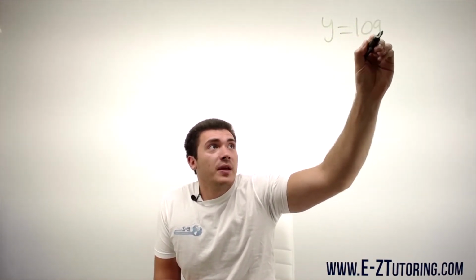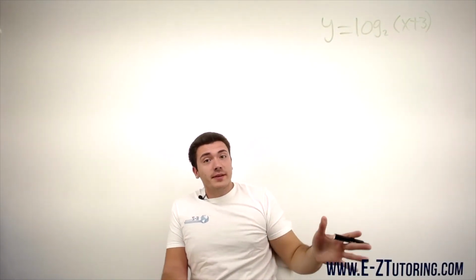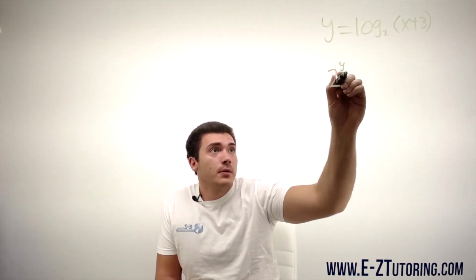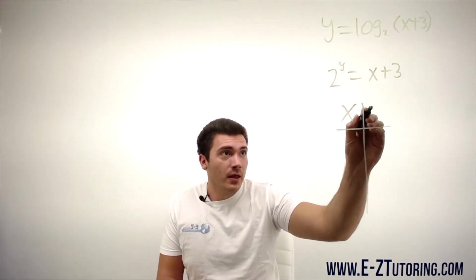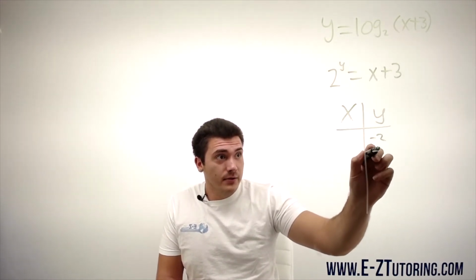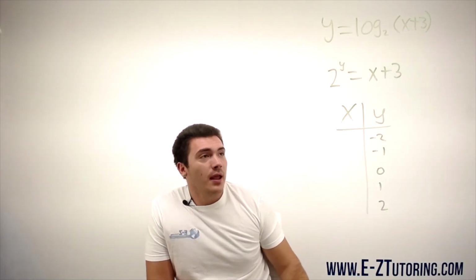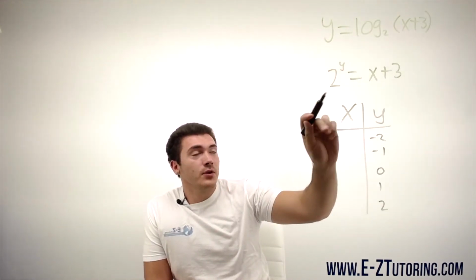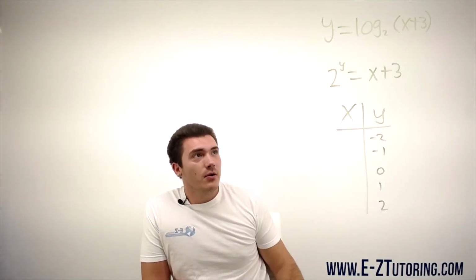Now suppose we have y equals log base 2 of x plus 3. Once again, we follow the steps that we did last time. We convert this to exponential form to get this. And then we make an xy table where we plug in values for y to get our x. Actually, you can see that this equation is not solved for x, so if we plug in for y, we don't immediately get our value.